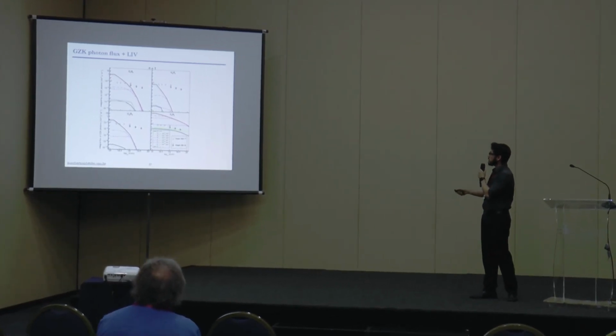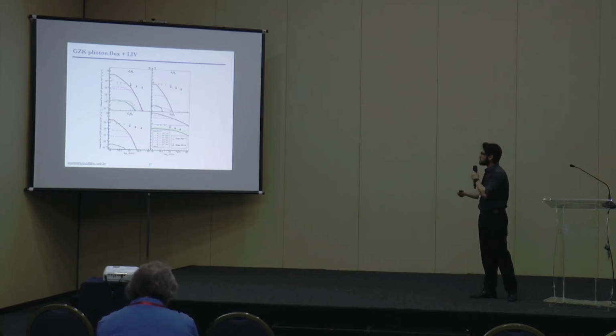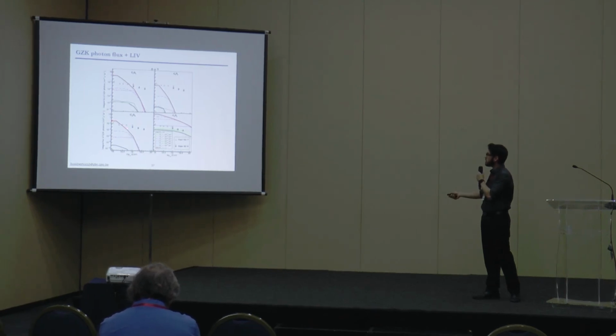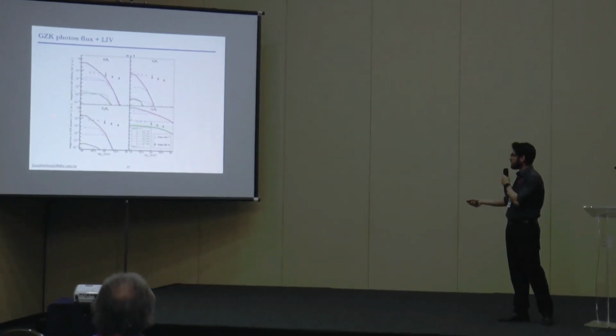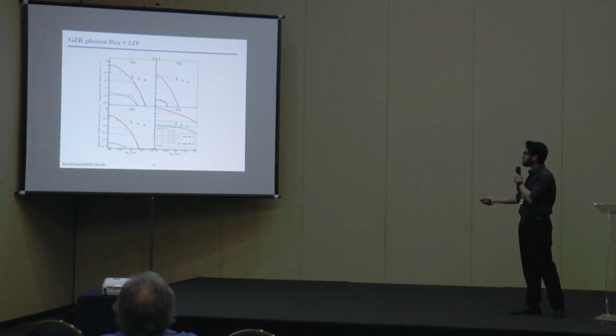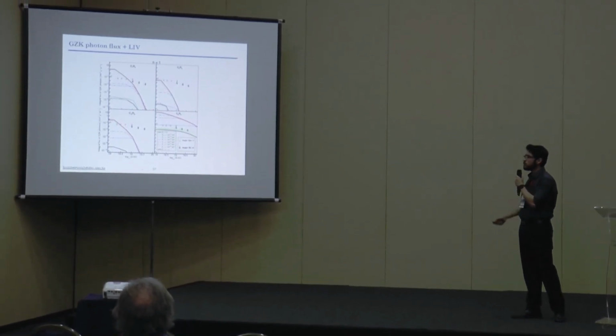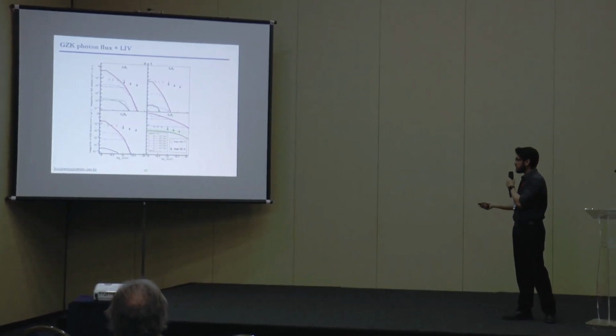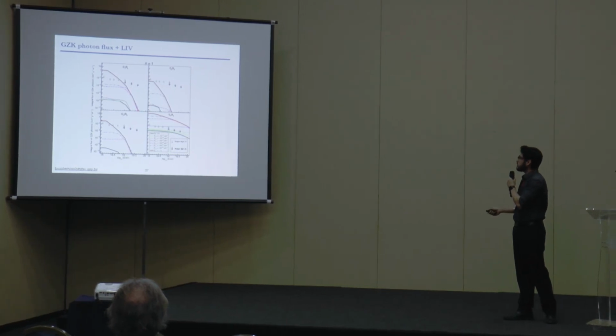Something interesting to see here is that the black line in each square is the LI prediction, and the red line is the most extreme LIV scenario, which means that we have maximized the effect of LIV. So any photons above these red lines do not belong to LIV predictions. This is an interesting result in these plots.